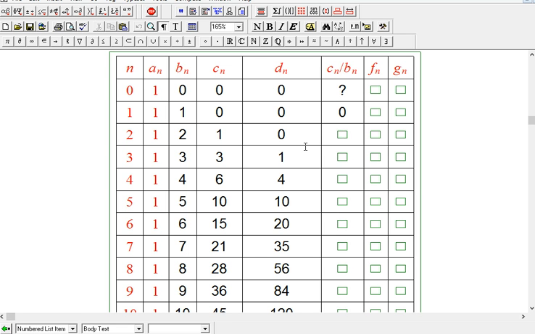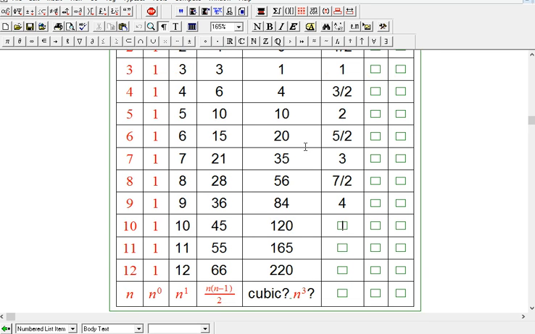Then 1 half, 1, 6 fourths reduces to 3 halves, 10 fifths reduces to 2, 15 sixths reduces to 5 halves, 21 over 7 reduces to 3, 28 over 8 is 7 halves, 36 over 9 is 4, and this is 9 halves.